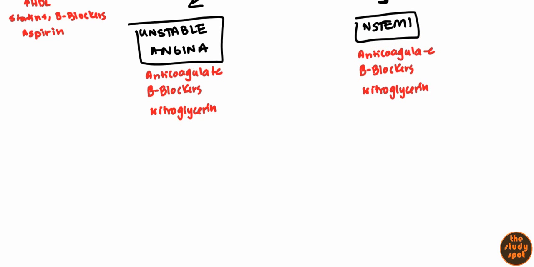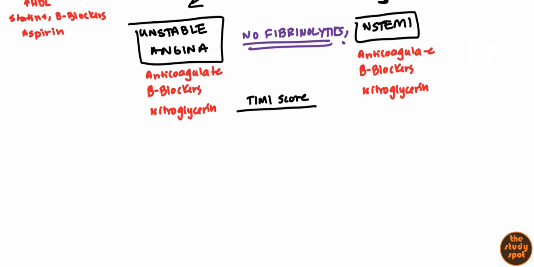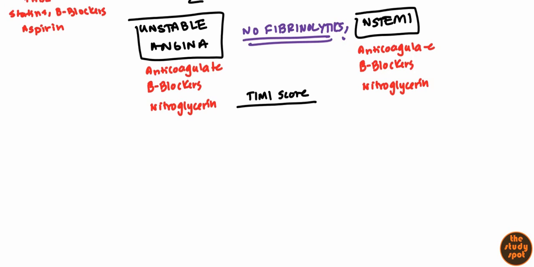Now, when we're looking between unstable angina and STEMI, the first thing you want to remember is you do not use any fibrinolytics. Fibrinolytics are completely contraindicated in unstable angina, and they can actually make things worse. What you use instead is a scoring system called the TIMI score, which stands for Thrombolysis In Myocardial Infarction.